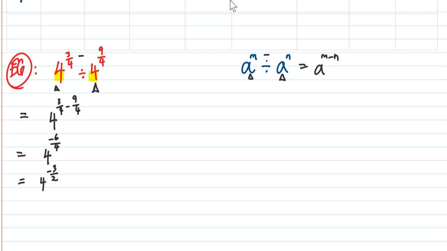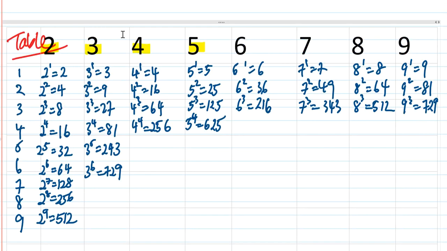Alright, so now we might not want to have something like this, because first is the negative power, and second, we know that the base is not in a simplified form. So we know that in the table above, 4 is base 4 to the power 1. It's also base 2 to the power 2. 4 is 2 squared.